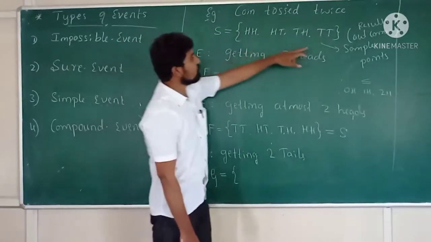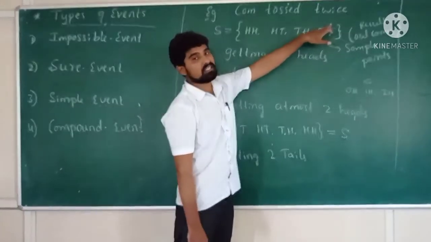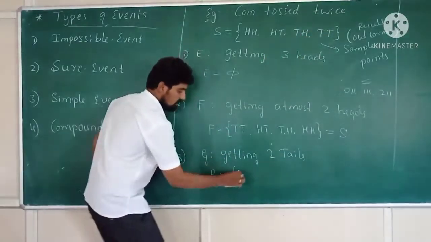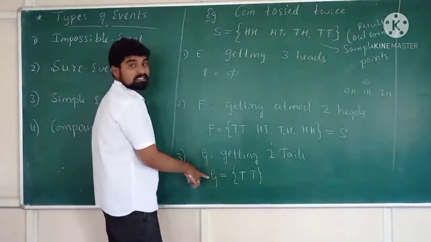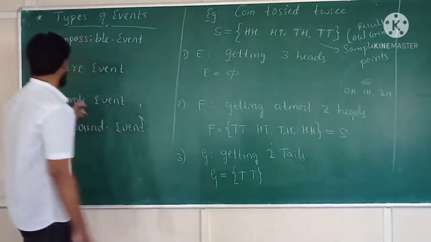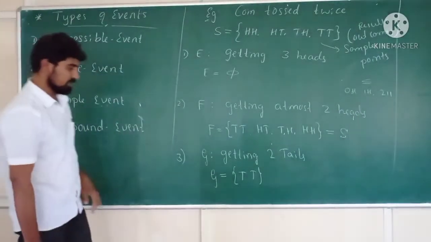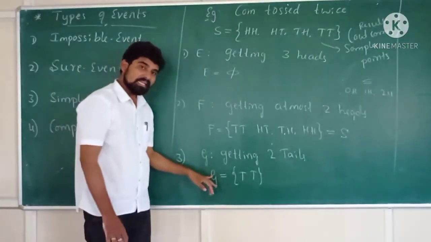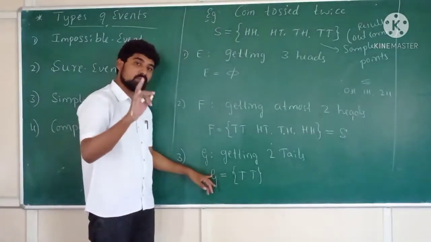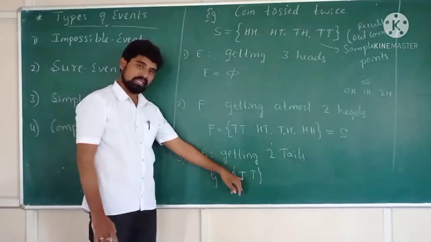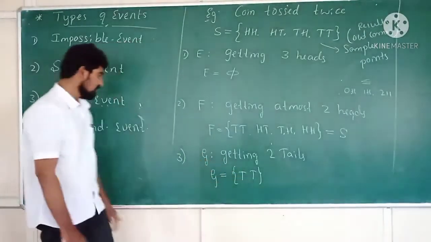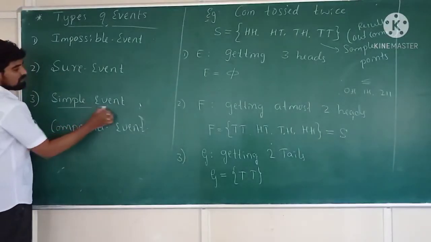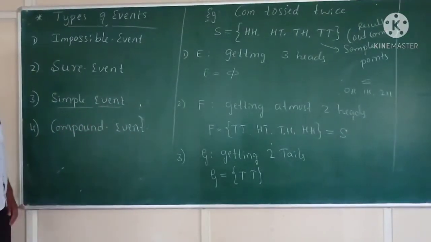So there is nothing but only this one, the 4th result, that is TT. Only one outcome is present in this event G, hence G is called a simple event. So the definition is: any event which consists of only one sample point is called a simple event. I hope all of you understood.